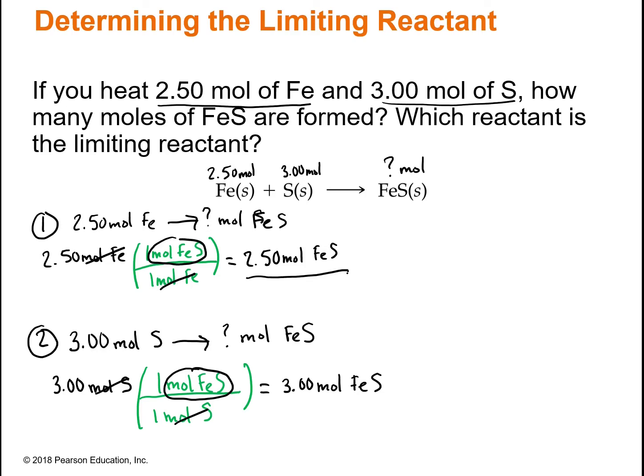So we're going to make 2.50 moles of iron 2 sulfide. Remember, again, that's the least amount of product formed.